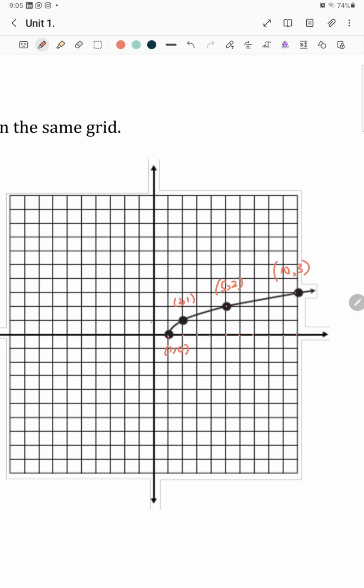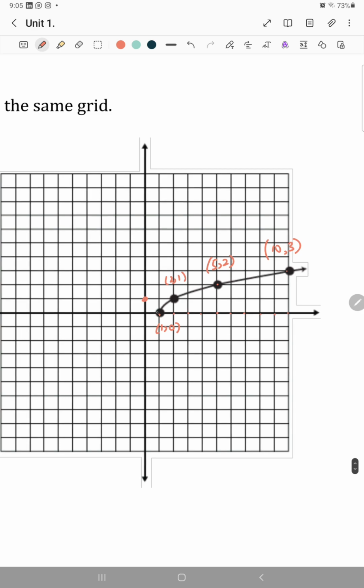So the opposite will be 0 on the x-axis and 1 on the y-axis... (2, 1), (1, 2), (2, 5), (3, 10).